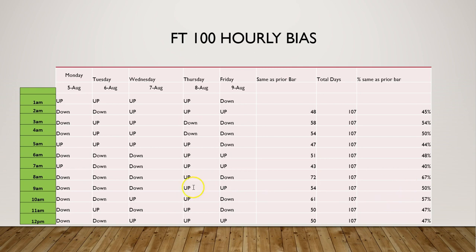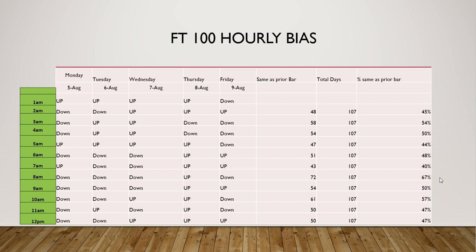As you can see here, really only the 8 a.m. had the highest probability, at 67%. This does bounce between 67 and 73%. As we add more days, this won't be affected as much when I add a particular day or two. You add a couple of days and it makes the percentages change by a point or two, so you have to get into bigger numbers before these numbers really start to flatten out.